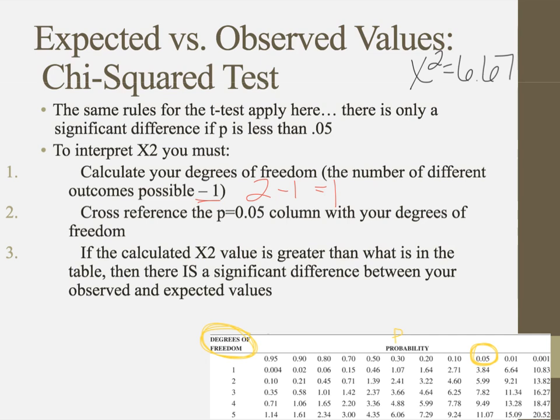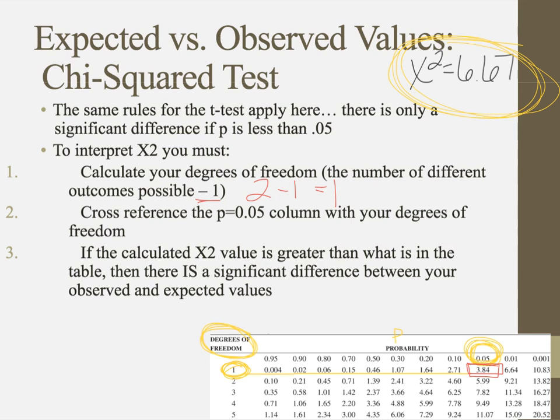So to find out if our chi-square value means if we had a significantly different result, we're going to cross-reference the degrees of freedom, which in our case was 1, with our p equals 0.05 column. So I'm going to follow this all the way over here, and I'm going to get to this value, 3.84. What the heck is that?